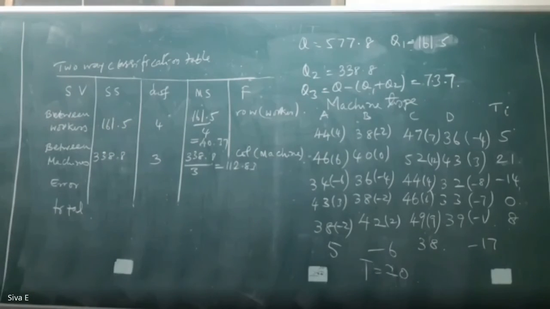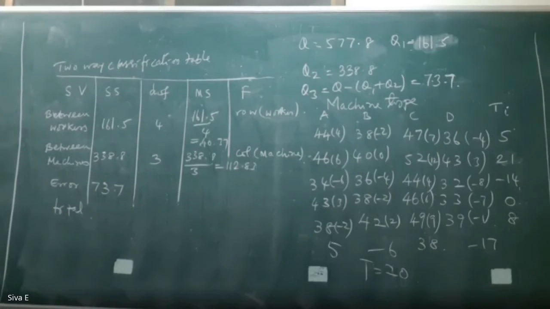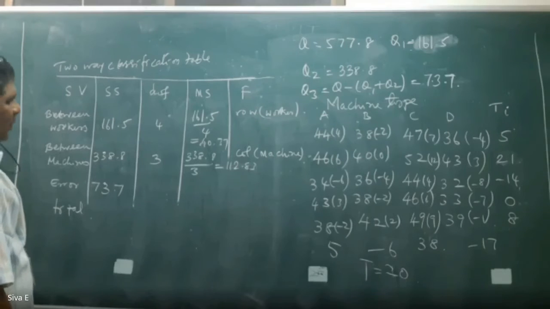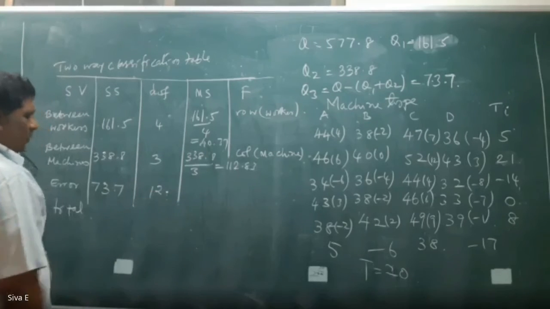Last one, error. Error is 73.7. And then residual degrees of freedom is row minus 1 into column minus 1, that is 12.